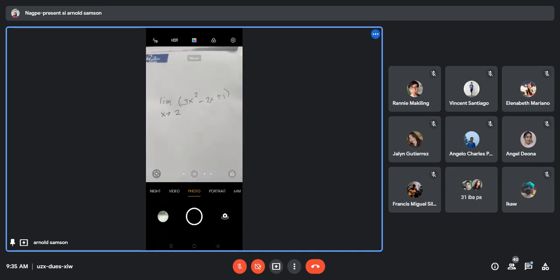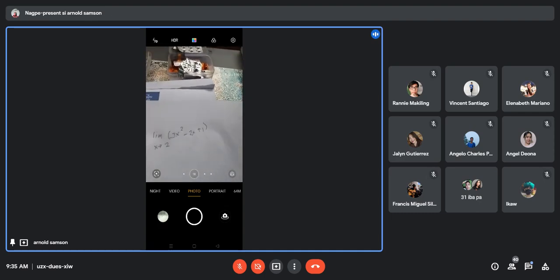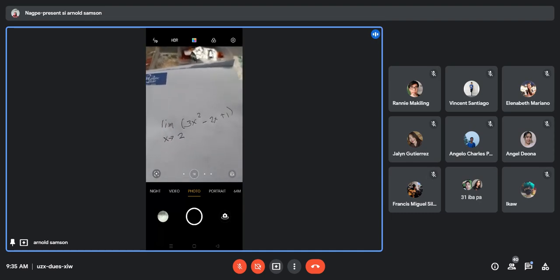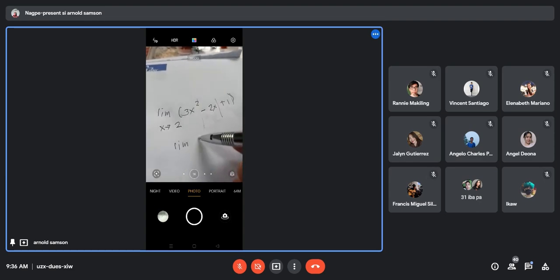We said earlier that we have 7 rules. Based on the theorem, we will treat them term by term. The first term is the limit of 3x squared when x approaches 2.